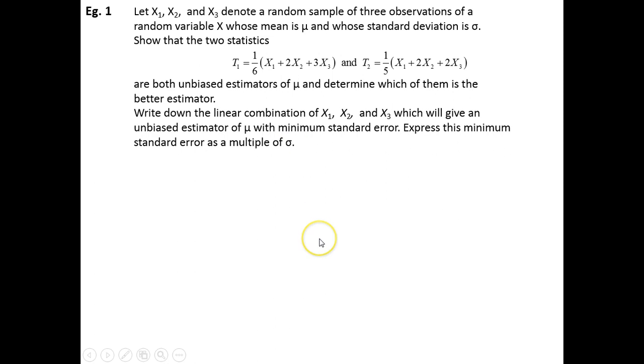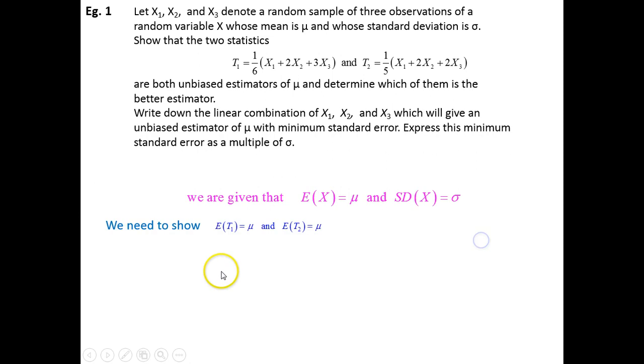So first of all, we need to show that T1 and T2 are unbiased estimators of mu. We are given that the expected value of x is mu and the standard deviation of x is sigma. So the expected value of T1 first. The expected value of that combination, I can take the E in.